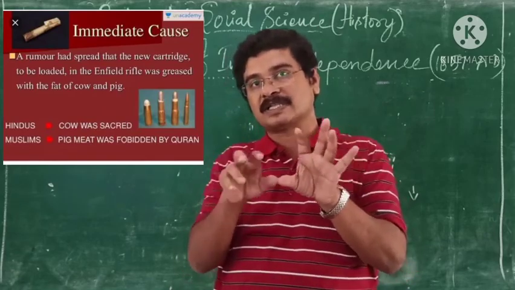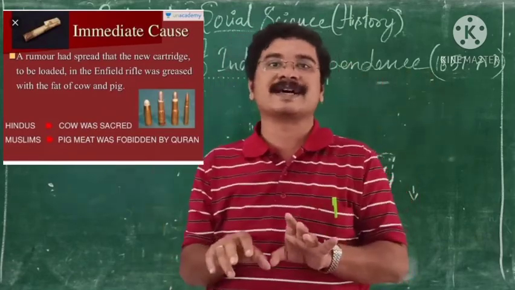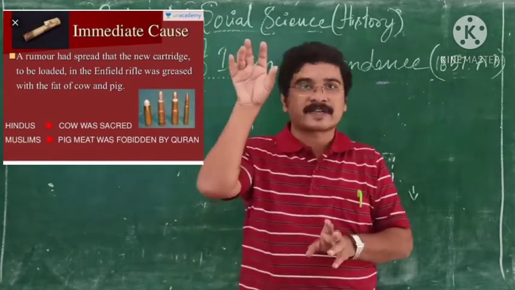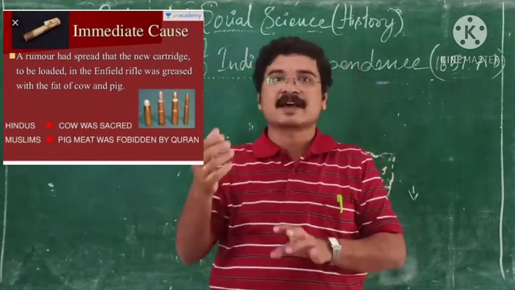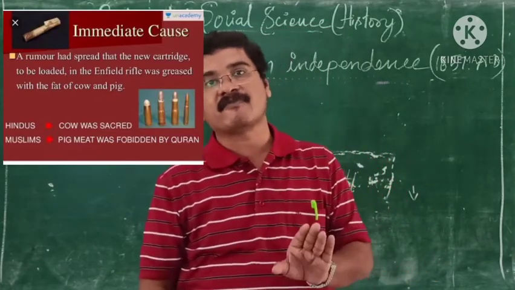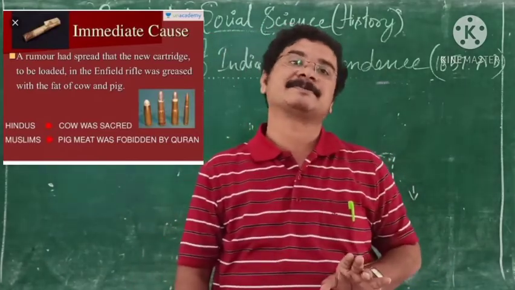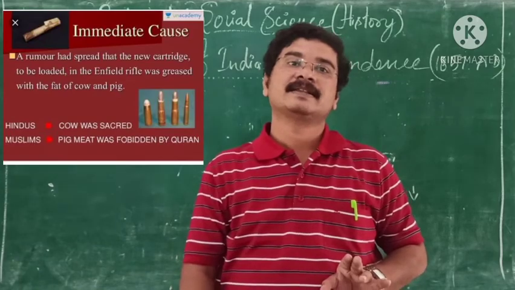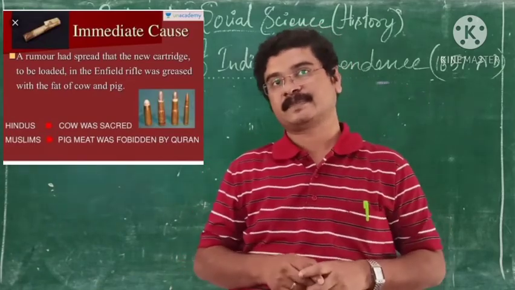A rumor was spread among the soldiers that the cartridges used in the Royal Enfield rifles were greased with the fat of cow and pigs. This was the first immediate cause.